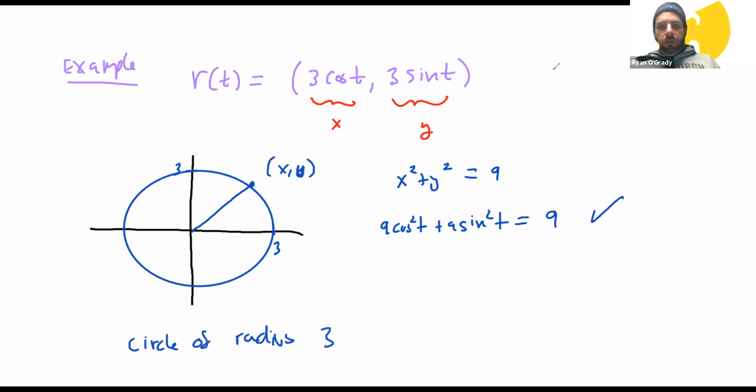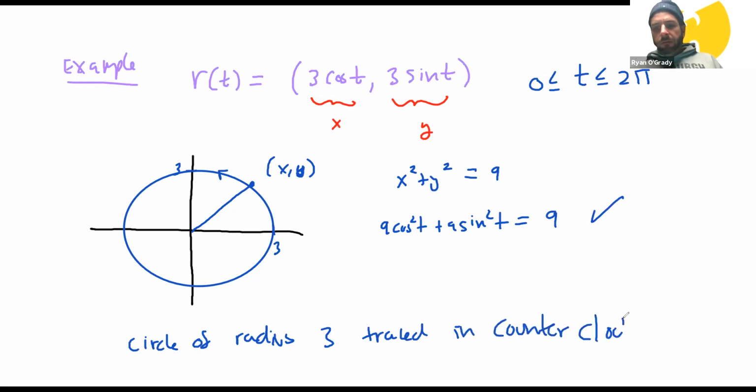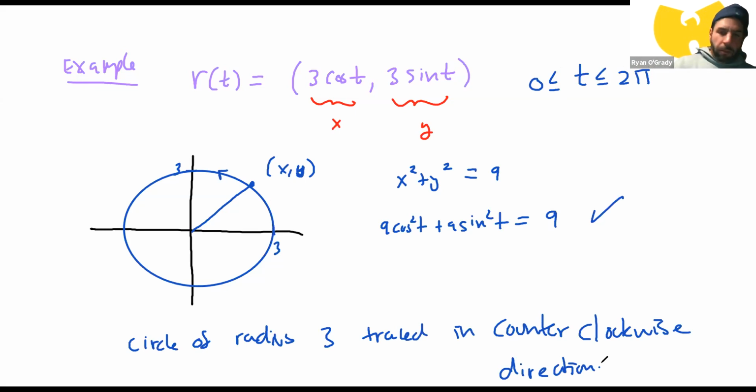And by the way, we should tell you what t does. Let's say we start t at 0, and it goes to 2 pi. What that does is it traces the circle in the counterclockwise direction. You could verify that for yourself by just plotting points. You mean plugging in normal points, or after finding the derivative?